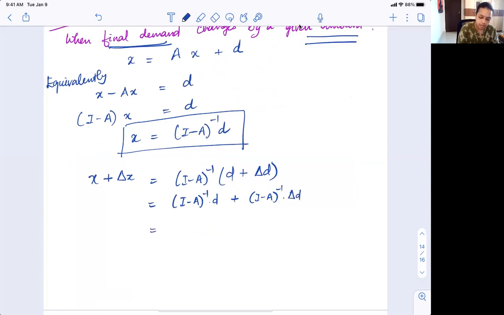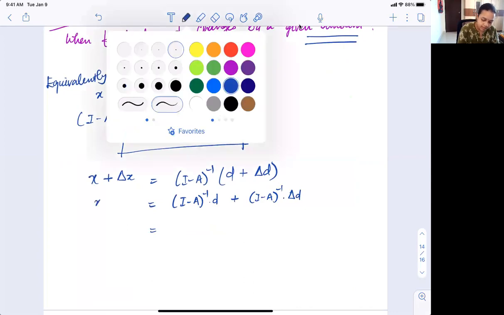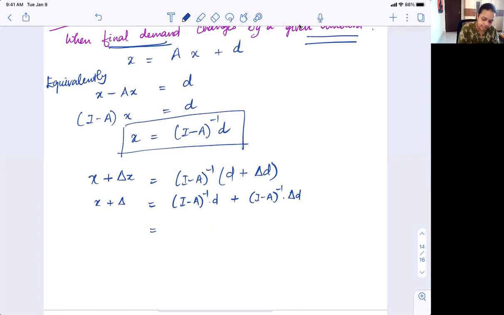Now, we have x plus delta x on the left-hand side. This term is actually just x. So you have x plus (I minus A) inverse times delta b.